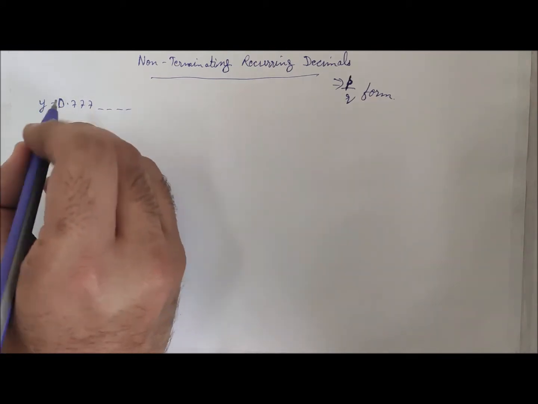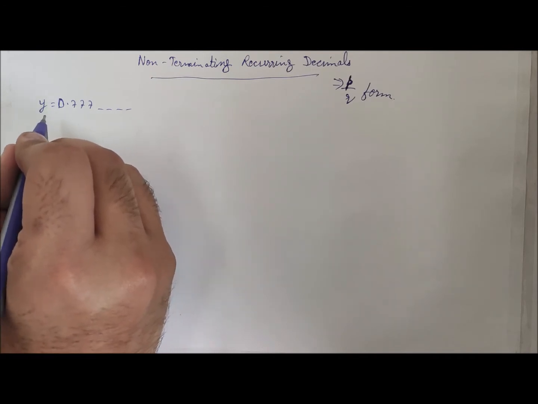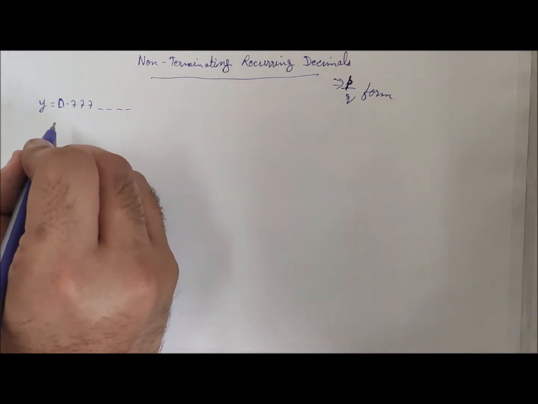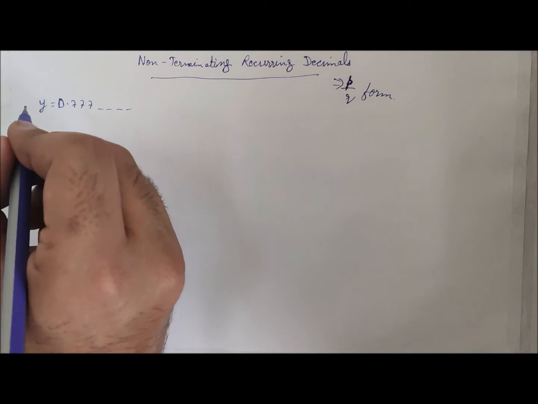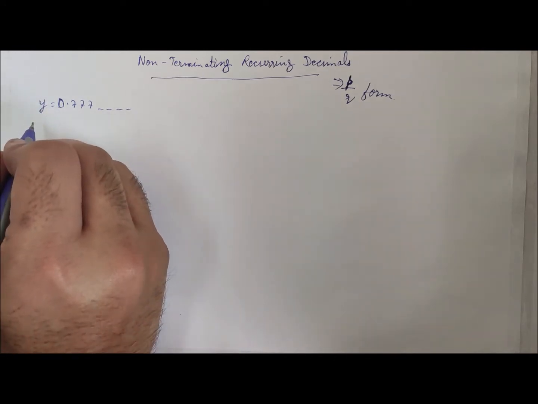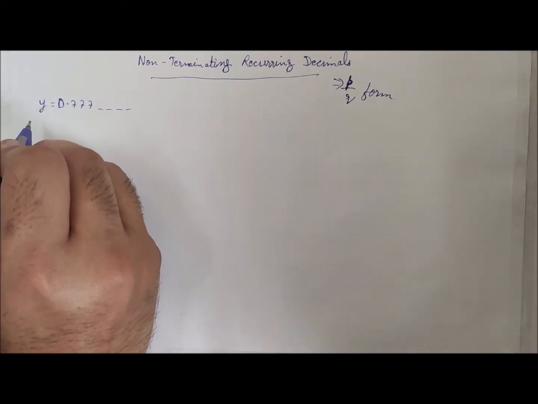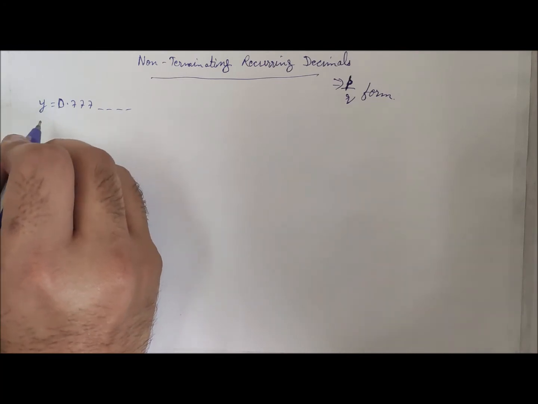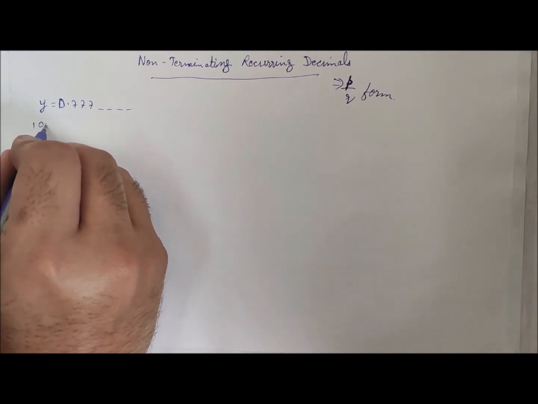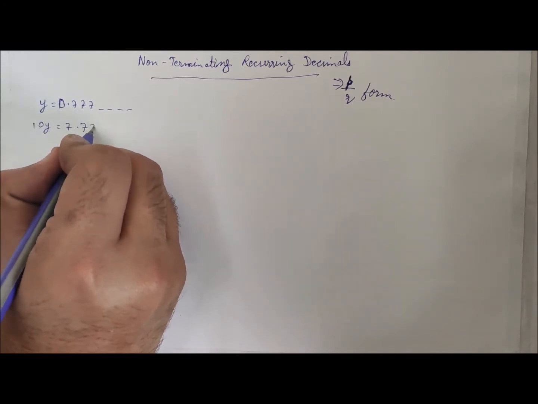So what we can do is multiply both sides with a multiple of 10. We will learn why and how we did it in the latter part of this video, but for now let's multiply both the sides with the number 10. So it would be 10y is equal to 7.777.